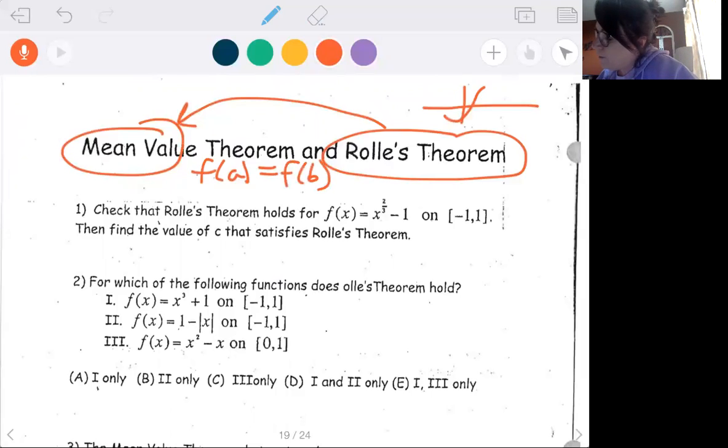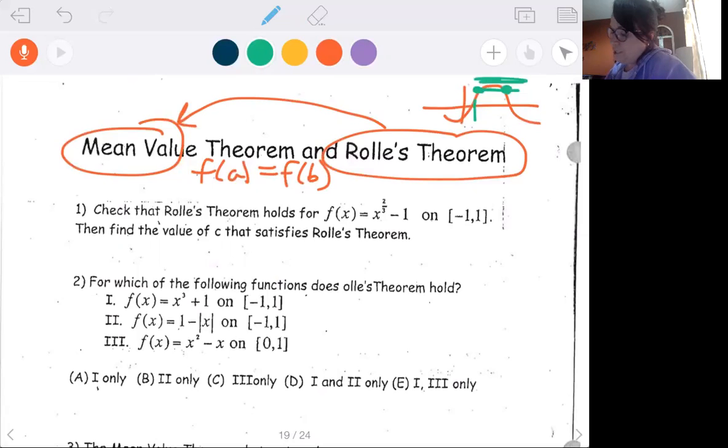But if on a curve f of a equals f of b, their y values are the same, then the slope of the secant line is 0, so the slope of the tangent line is 0. So Rolle's theorem really just says that if f of a equals f of b, then the slope of the secant line is 0. So we're guaranteed some place where the derivative equals 0.